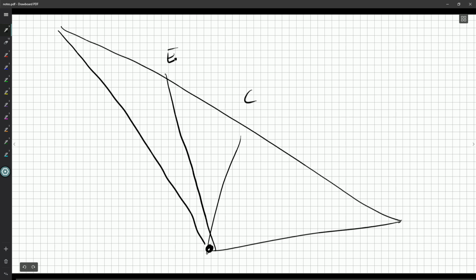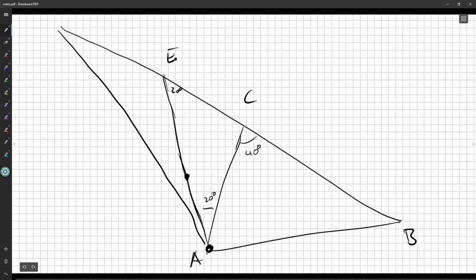And E, C, A is here, B is here. 40 here, we got 20 here, 20 here. Now there will be some point, what are we up to?